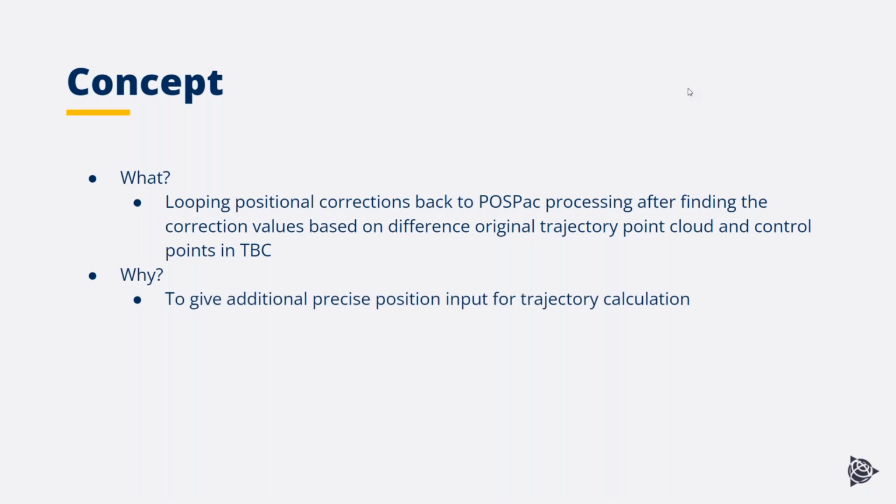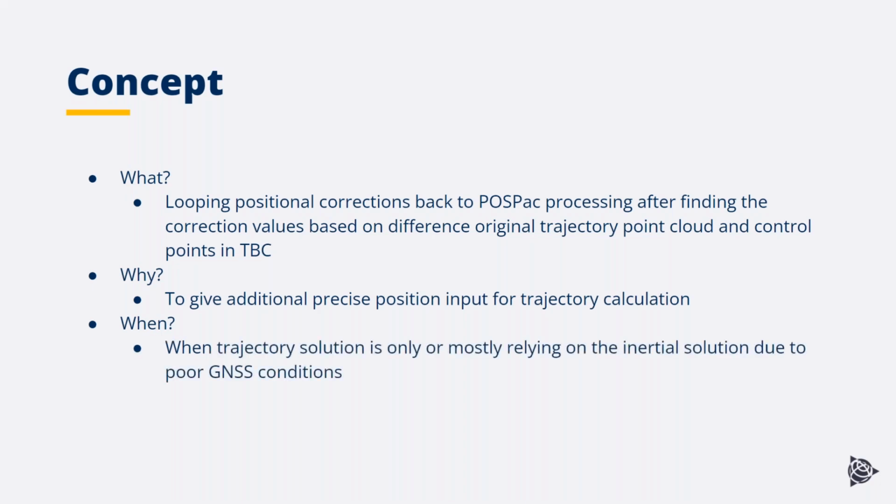Why would we do this? We would do this to give additional precise position input for the trajectory calculation. And the Pfix process is not a method you would use for all your mobile mapping projects. It's only for very special projects.